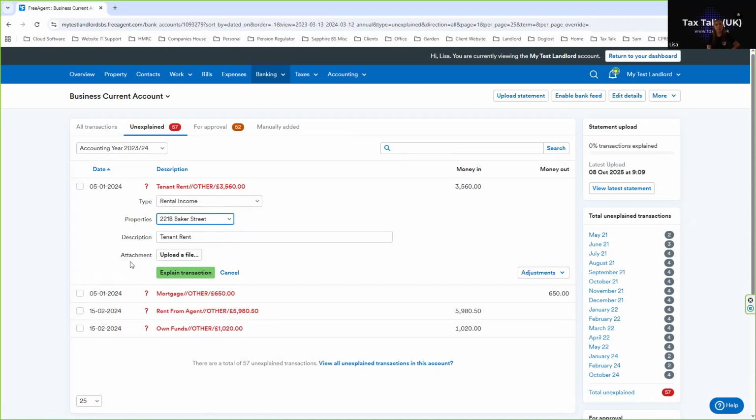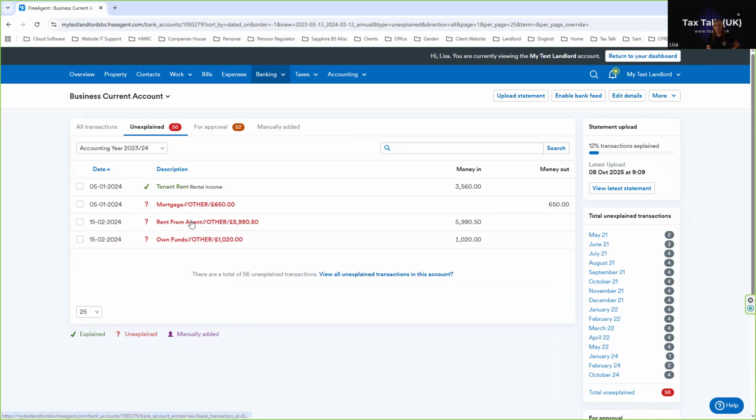That doesn't need to specifically be notified to HMRC, but it is for your own purposes, so you can know the profitability per property. As far as HMRC are concerned, we're just interested in that it's rental income. So then I'm going to explain that transaction.